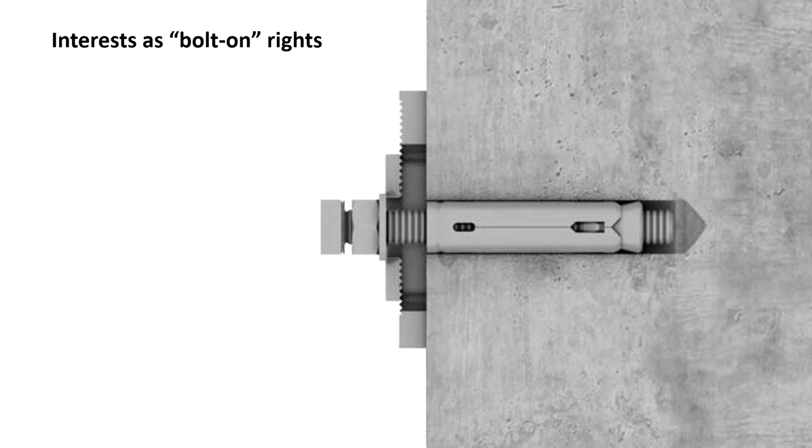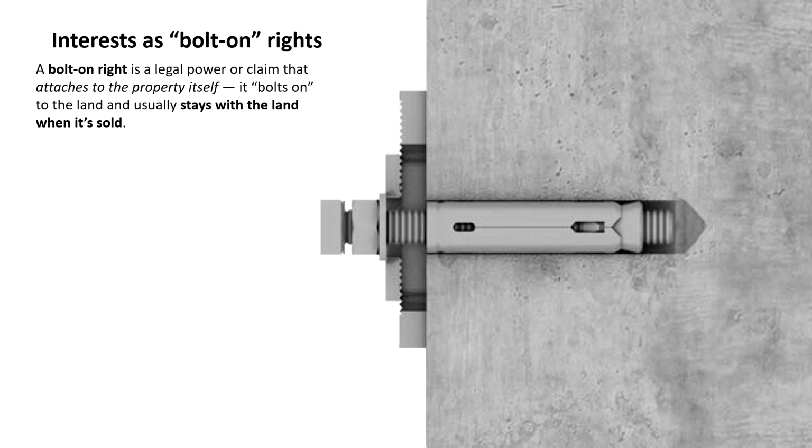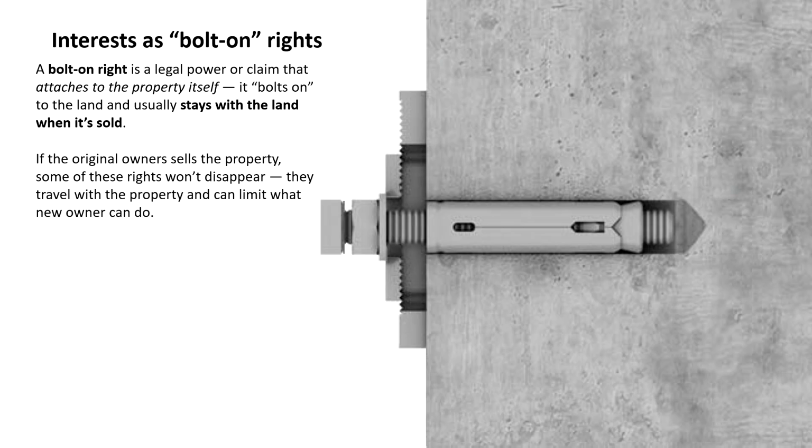It's owned by another person, but your interests attach to that property. That's why we can call them bolt-on rights. They attach to the property itself, and normally they will stay with the land even when it's sold and there's some new owner taking over.